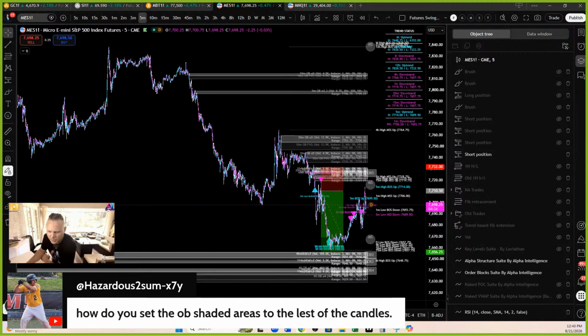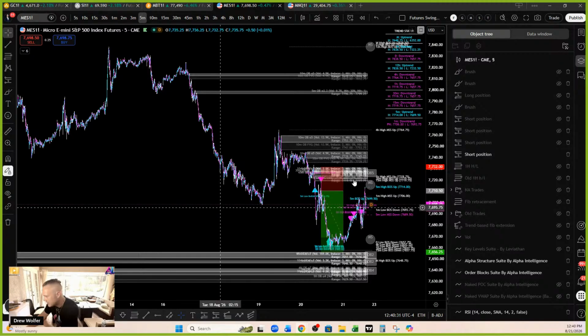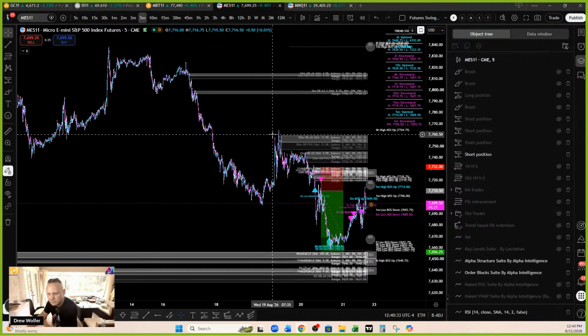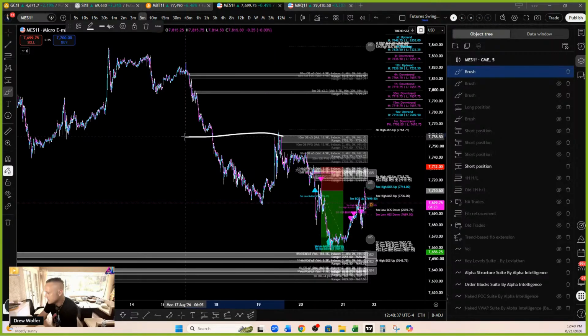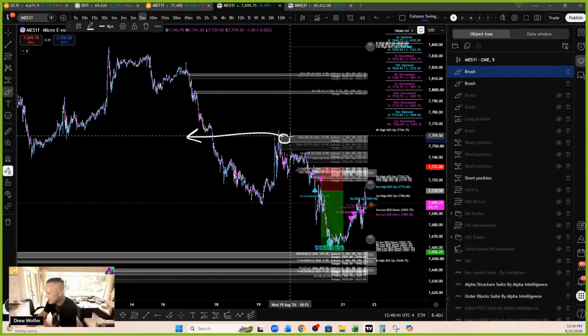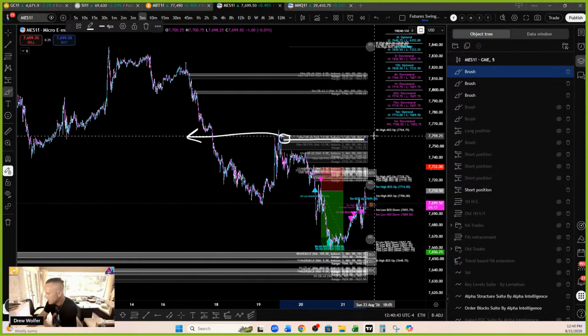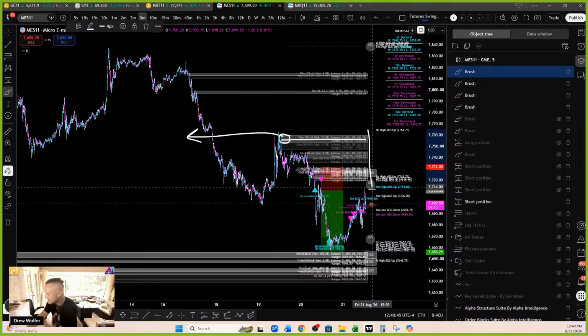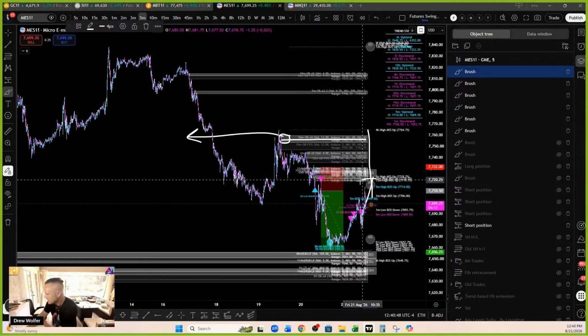I don't understand this question, Hazardous. How do I set the order block shaded areas to the left of the candles? You don't, because that's not how it works. Why would we extend it this way? That tells us nothing. What this is telling us is exactly where that order block came in, and it's extending it to where price is in time so that whenever you visit it, you can see it.